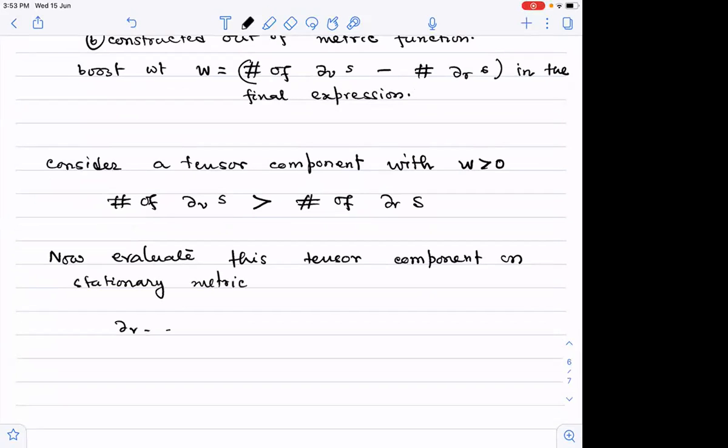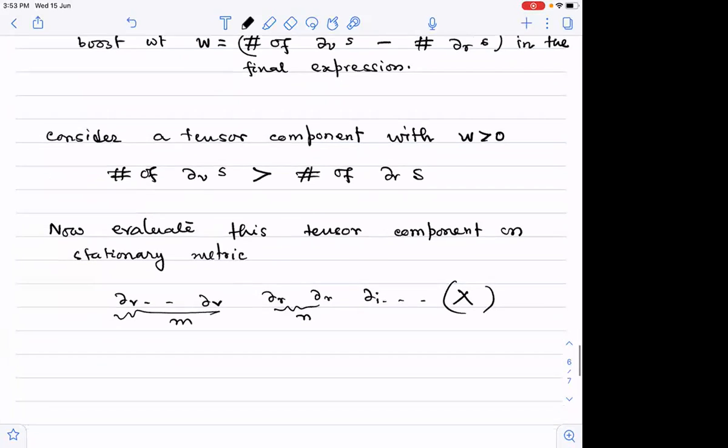So we have del V, some number n, del R, some number n, then del I in any number, acting on some metric component. This is the basic structure. But now this metric component is a function of R times V, because it is stationary, and Y or X. So its arguments are R times V.